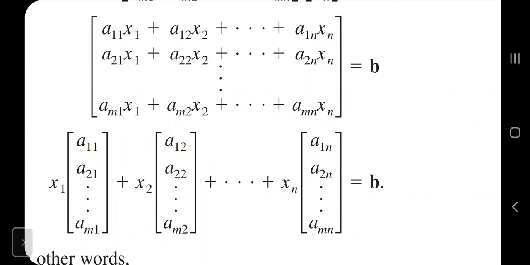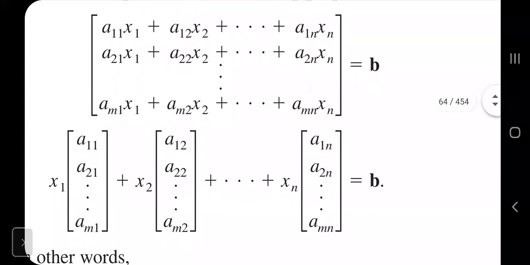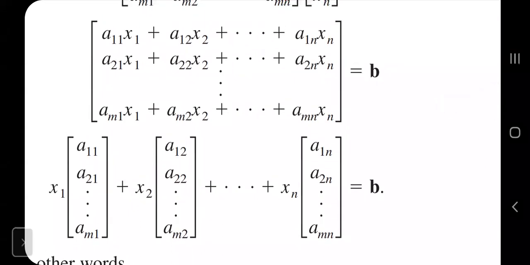So if I multiply these bottom guys out and add them up, I would get the big fat matrix on top. This is called writing matrices in a partitioned way.